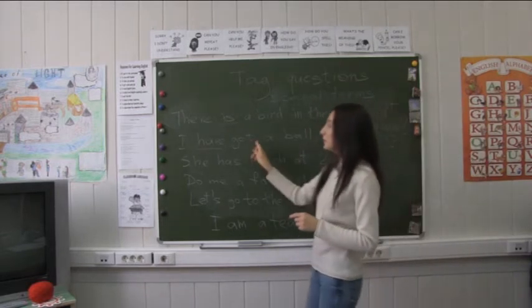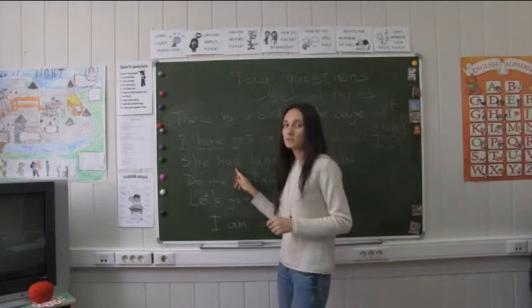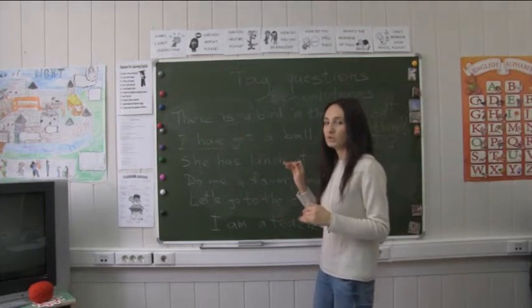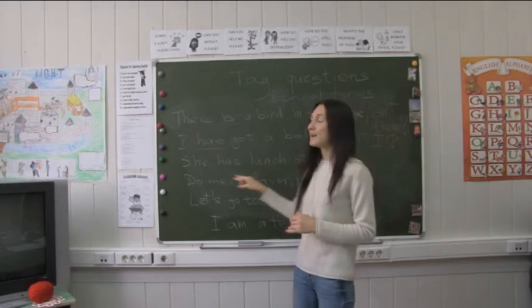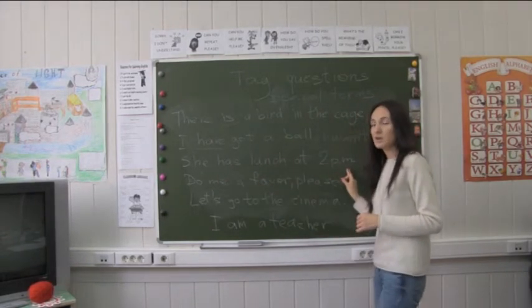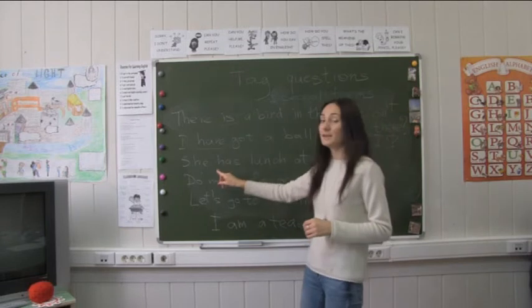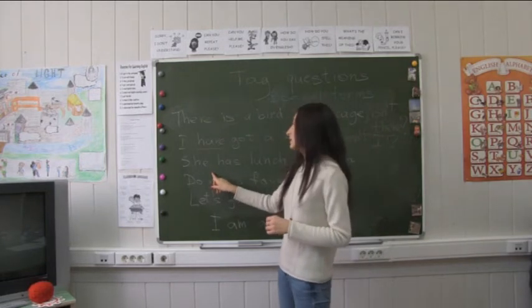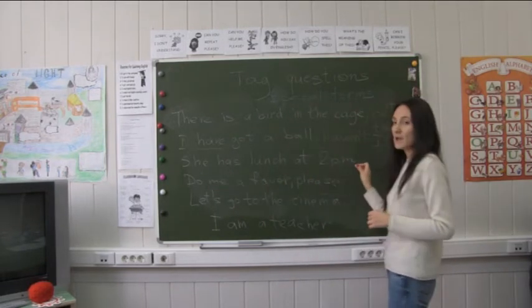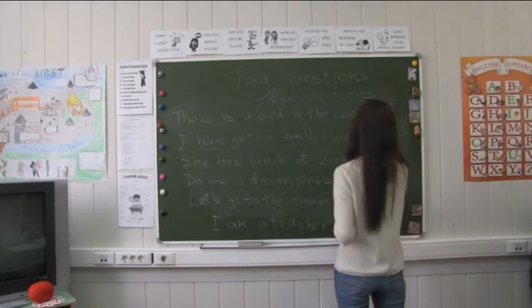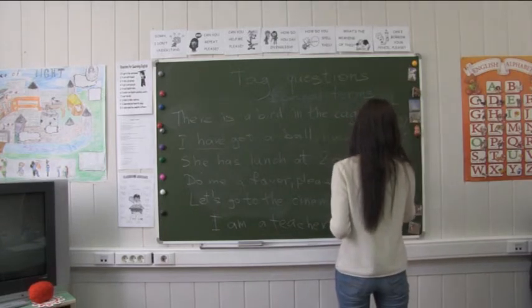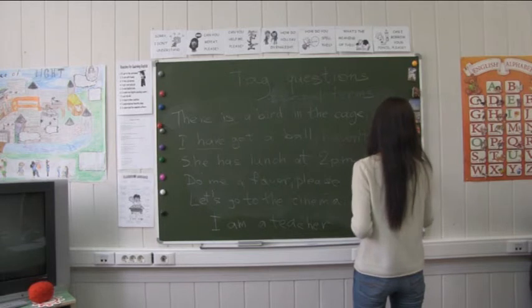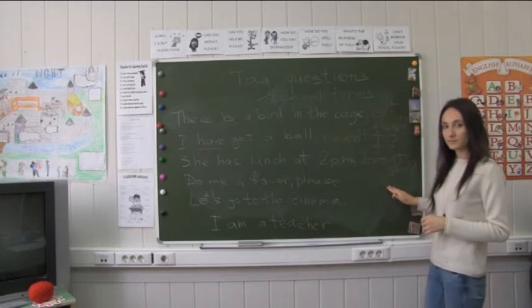But if you don't have got in your sentence, so if it is a special structure, like she has lunch at 2 p.m., use an auxiliary verb that will be here, do. She has lunch at 2 p.m., doesn't she? Like this.